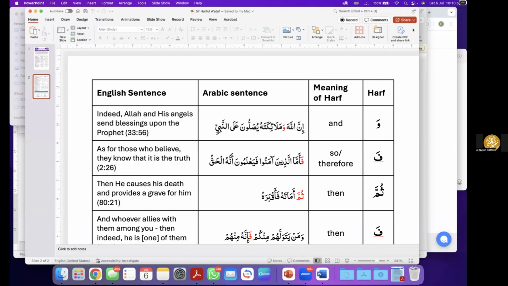Sister Humera? Yes. Inna Allaha wa malaikatuhu yusalluna ala nabi'i. So here, waw is harful ataf, and Allah is matuf ilayh, and malaikatuhu is matuf, and Allah gets a fatha because of inna. It's the ism of inna. Otherwise, it is in marfu state.